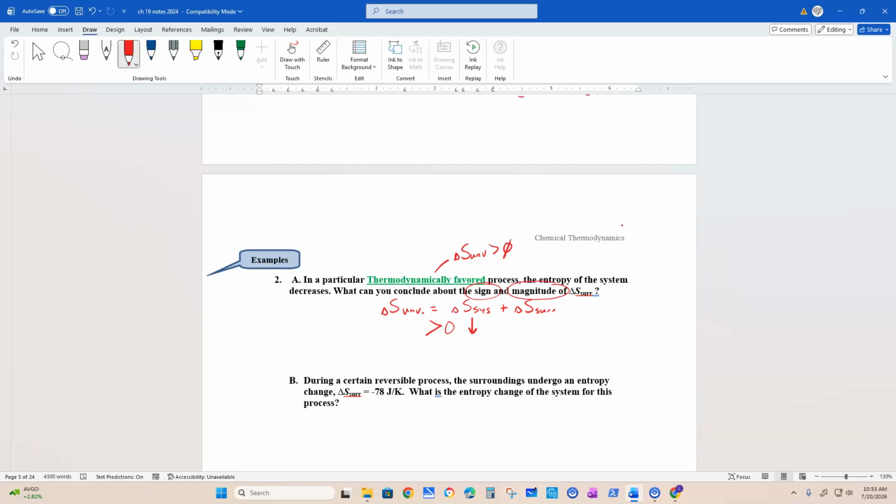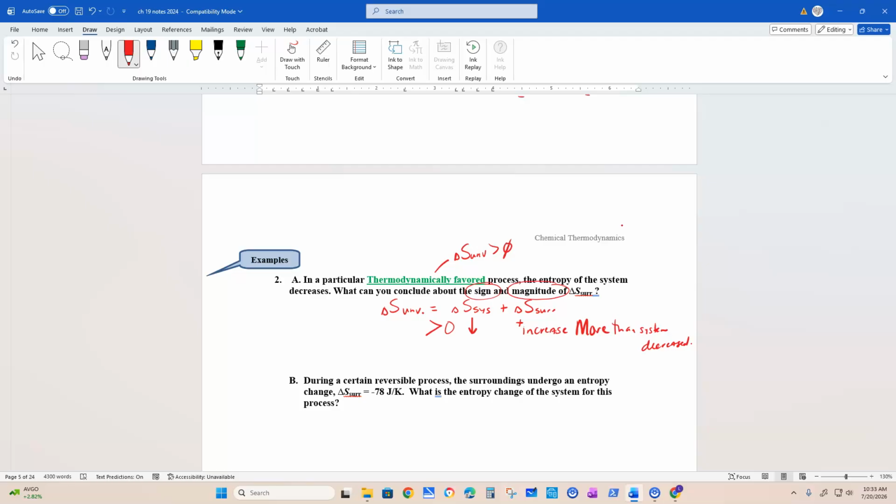So if the system went down, that means the surroundings have to increase more than the system decreased. Okay, so if this went down 10 joules, this needs to go up by 11, or 12 or 13. It just has to go more. So the sign would be positive, and the magnitude would have to increase more than the system decreased.